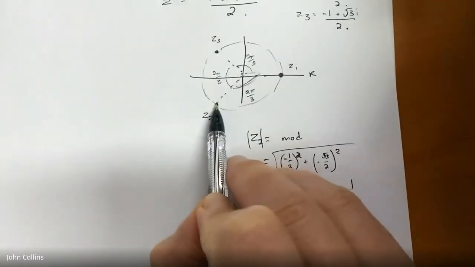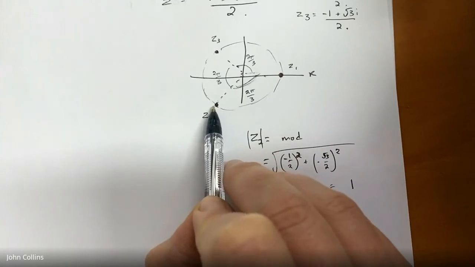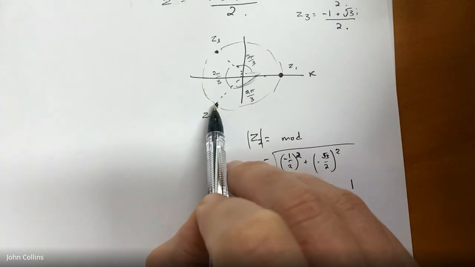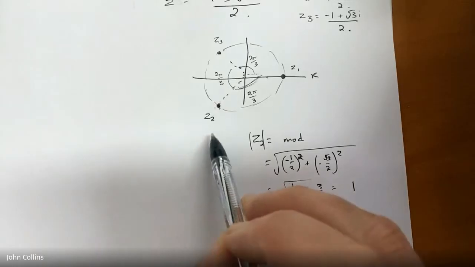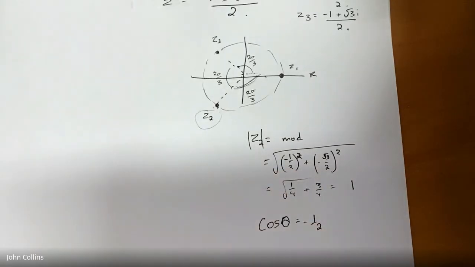So what happens when you take this as a solution and you multiply it by itself 3 times? Where do you end up? You multiply Z2 by itself 3 times because it is a solution to this equation.